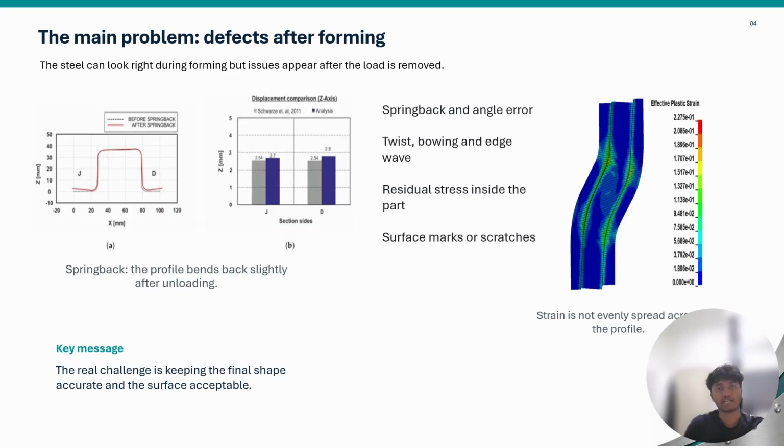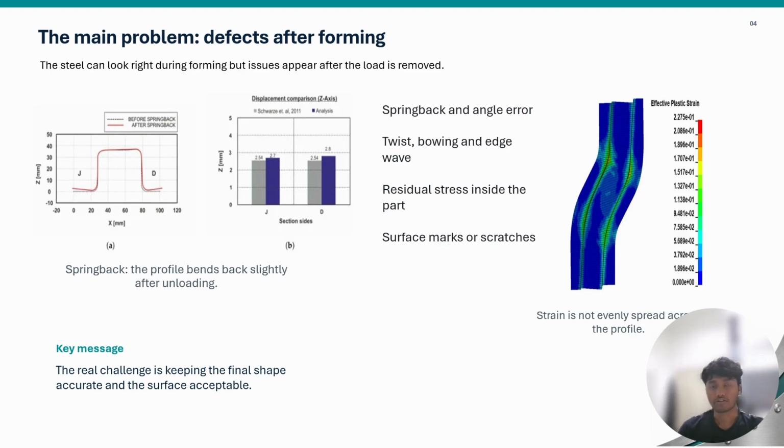The main problem is that the steel may look correct during forming, but defects can appear after the forming force is removed. The common defect is springback. This means that the steel bends slightly after forming because it tries to recover its original shape.